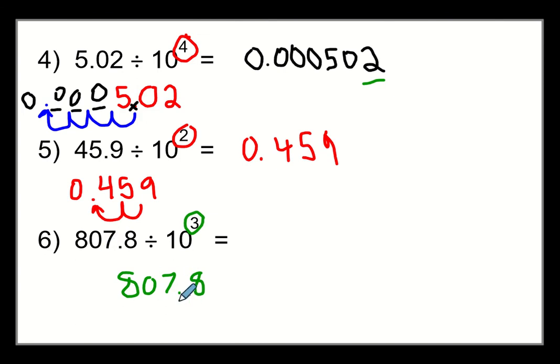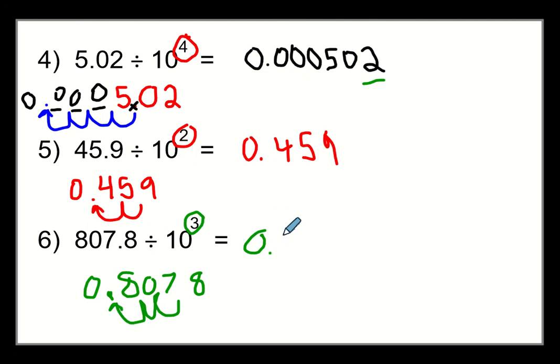So to make a smaller number, we need to move our decimal to the left. That's 1, 2, and 3. Drop it off. And then I want to erase my original decimal. And I feel like it's good practice to put a 0 in front of that decimal to indicate that we have no holes.